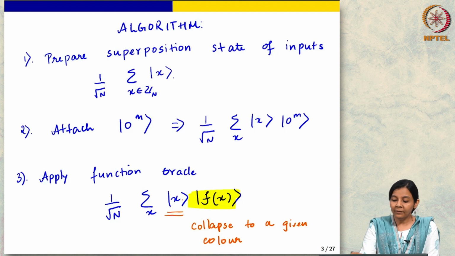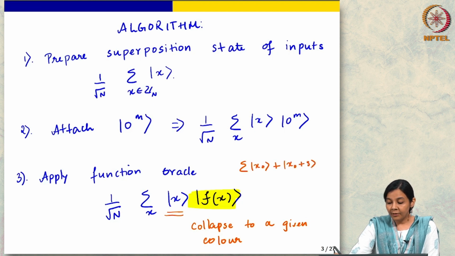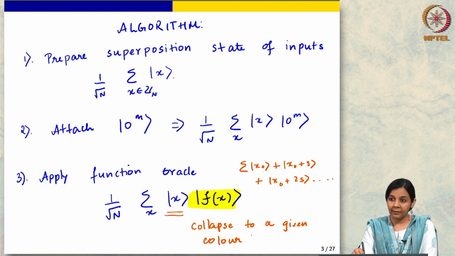That means in particular that you'll end up with things like x0 plus x0 plus s plus x0 plus 2s and so on. If I measure the second set of registers, the first register is going to contain these qubits in superposition.